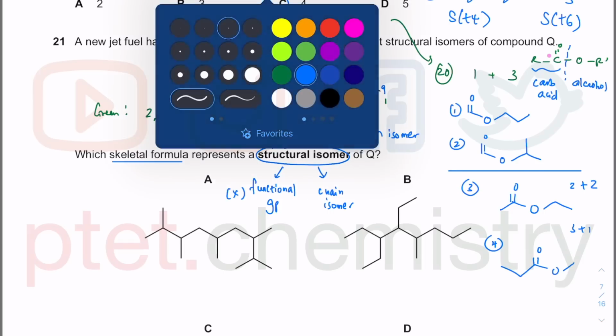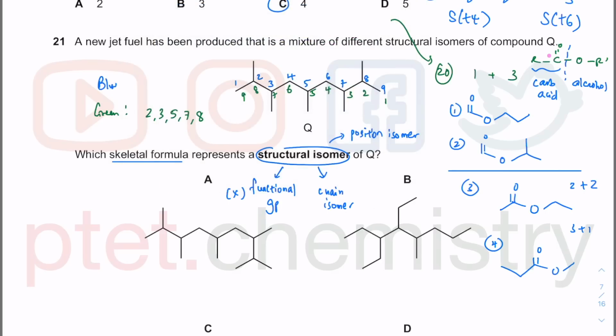How about when I do the blue color one? You've got to have the smallest number, right? So this one will be 2, 3, 5, 7, and 8. As you can see, they have the exact same positions of the branch group there, so it doesn't really matter.